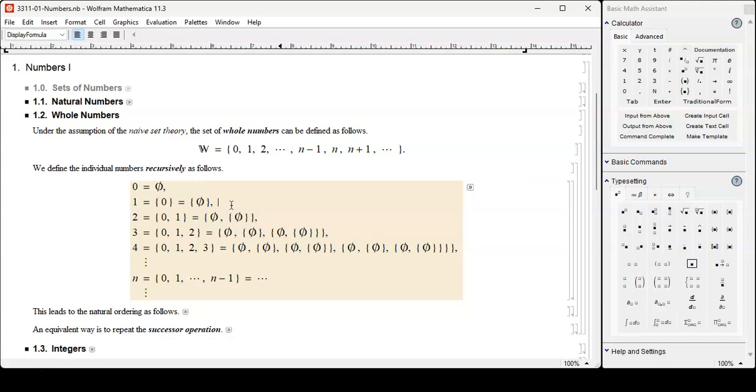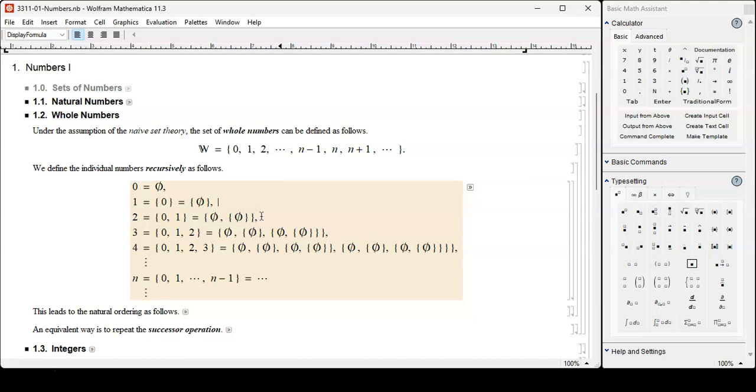Now 1, here's a clever idea. 1 is a set with one element, the empty set, or 0. So we created a set of 1 element without using 1 by starting from 0. And 0 is defined a priori, so that definition is perfectly okay, and that's the definition of 1.